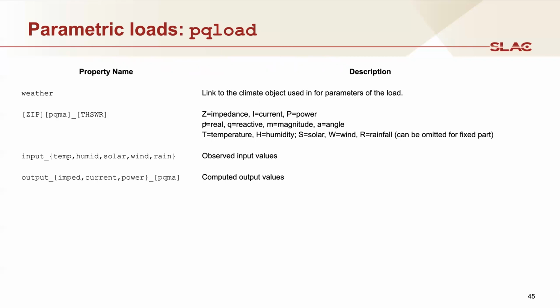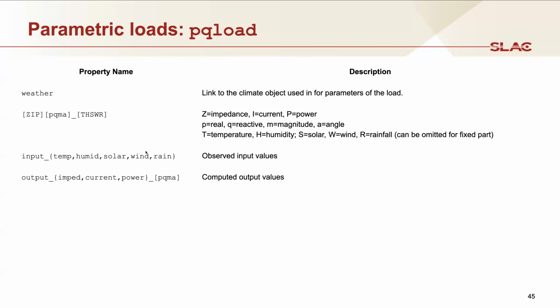I should point out the real and reactive actually only apply to impedance and power. The current is magnitude and angle. It would be ZPQT or ZPT, for example, which would be the constant impedance real power response to temperature. But you would find that current would be IMT. It would be the current response magnitude to temperature.